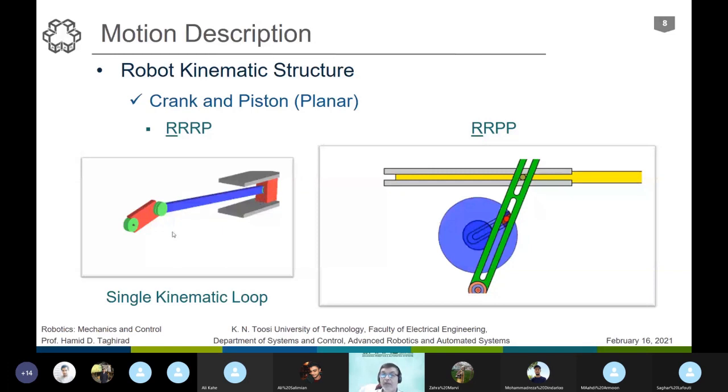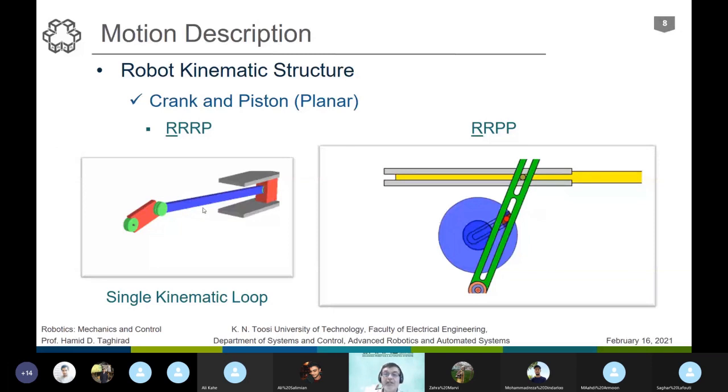So we have a 4-bar mechanism or 4-link mechanism which introduces a single loop. If it was not in a loop, if it was open, it wouldn't have any limitation or constraint there. We don't have any prismatic joint here. It would be an open kinematic chain. But this is a closed kinematic chain, with only one single loop. We have one single kinematic loop.